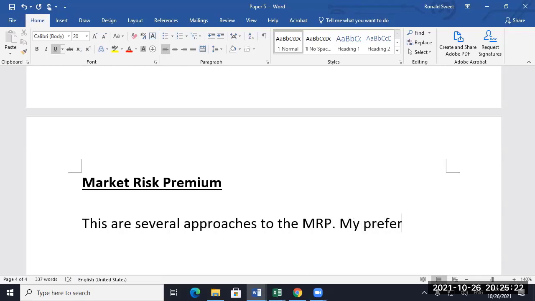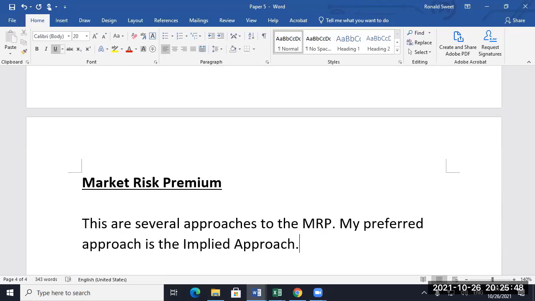The third approach is the implied approach, but you don't have to stick just to the implied approach, but I do want you to use the implied approach. If you want to use the implied approach and a couple of others, that's fine, but use the implied approach, mainly because the other approaches require you to get data that you're going to find can be really tough to get.